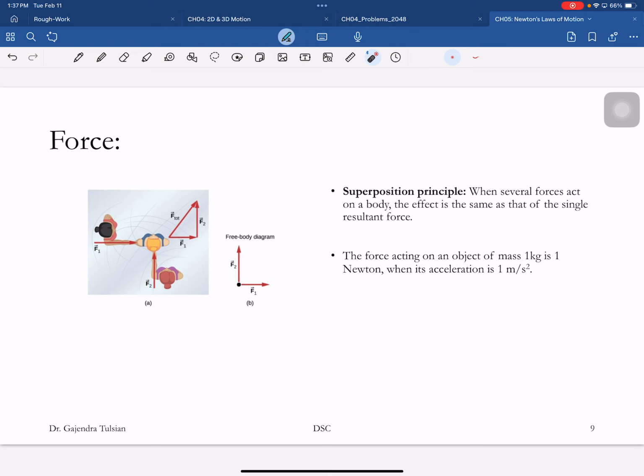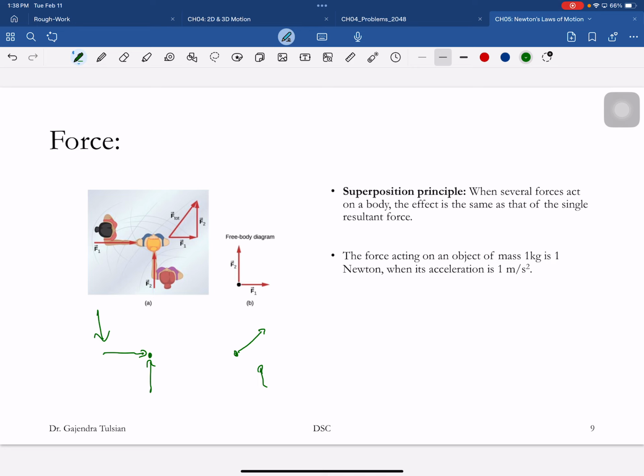Now the superposition principle states the following. If on this girl there are 2 forces acting like that, or one single force acting like this, from the motion, you can't tell if there's 1 force acting or 2 forces acting. So the effect is the same.